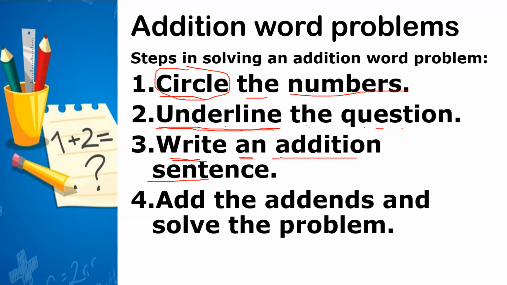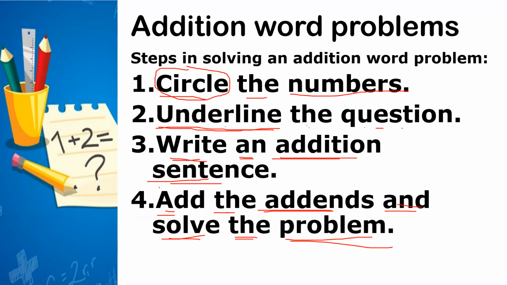Write an addition sentence. Are you reading with me? I hope so. Now add the addends and solve the problem. One more time. Add the addends and solve the problem.